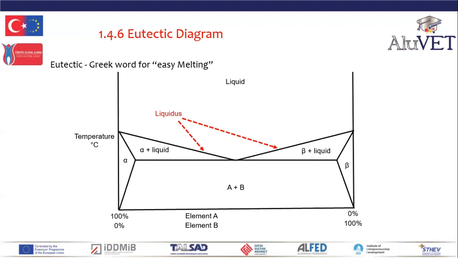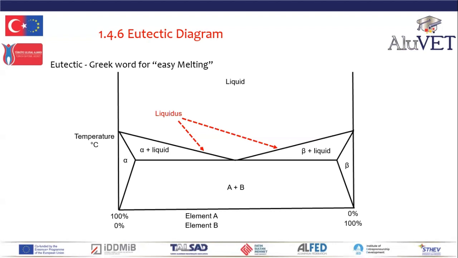The freezing start temperature lines. Now, these are the lines that separate pure liquid from solidifying metal. So the line that separates pure liquid metal from the mushy metal where it is starting to freeze, we term those lines liquidus.